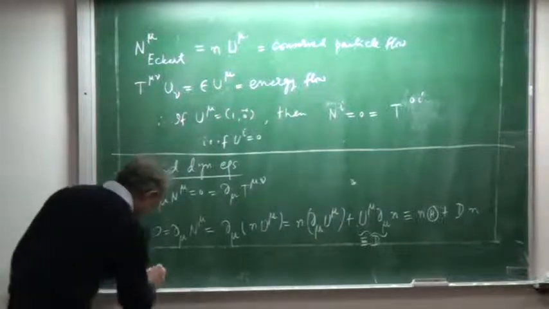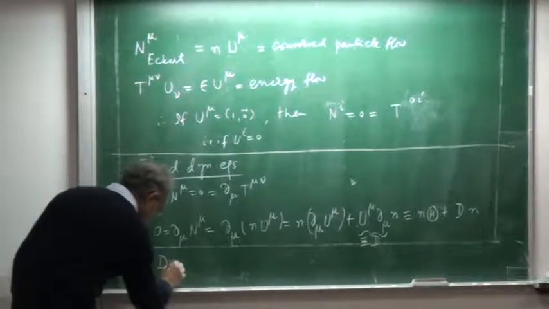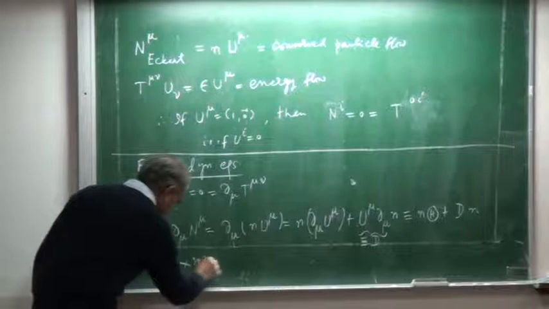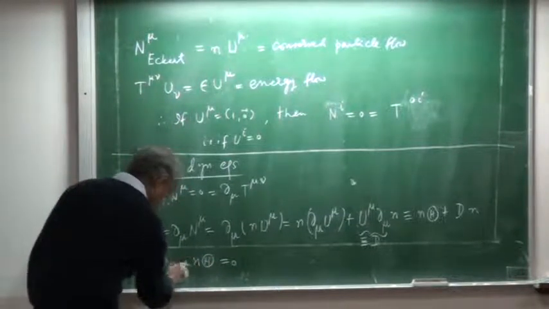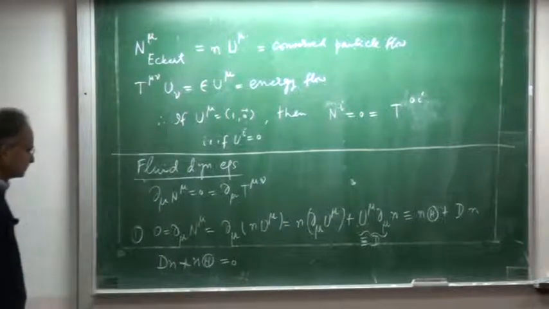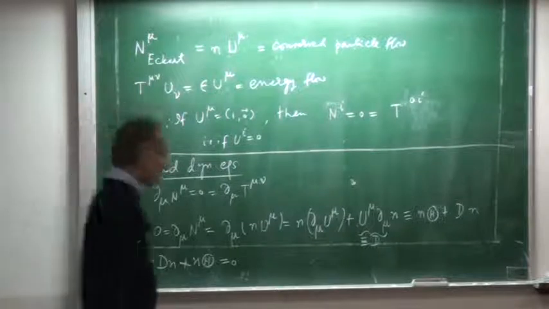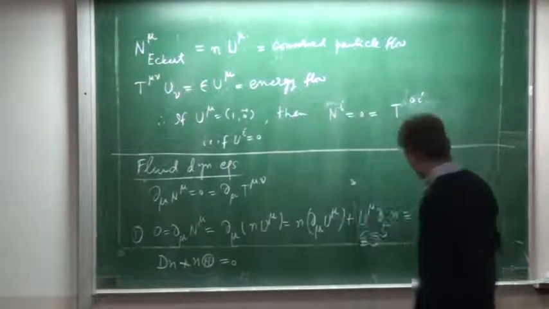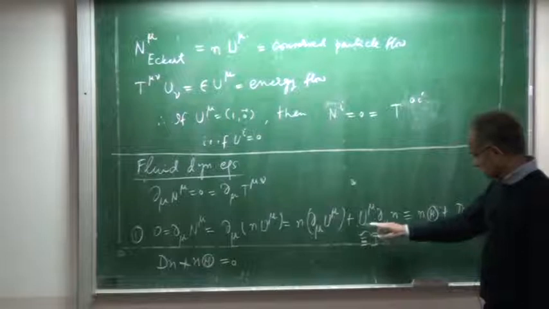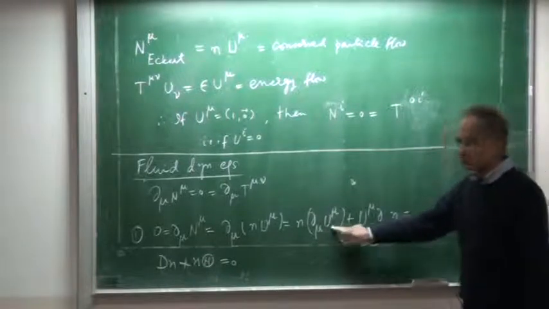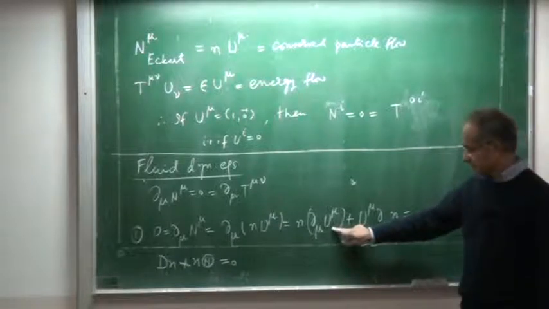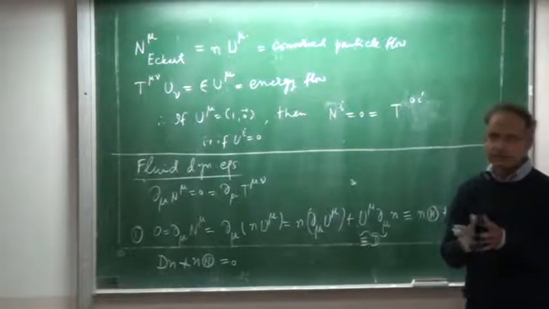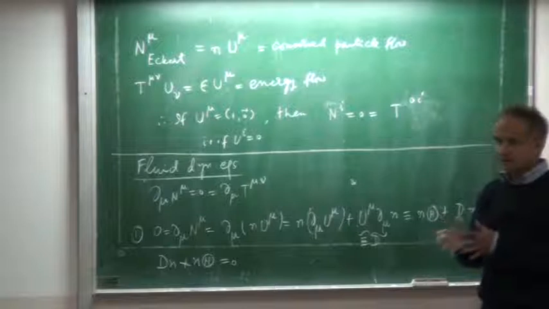Get one equation. This theta, the definition of theta is del mu u mu. It is the four divergence of the velocity, and it tells you how the fluid is expanding or contracting.